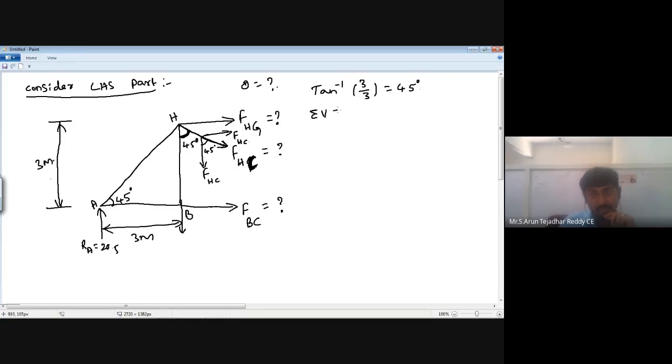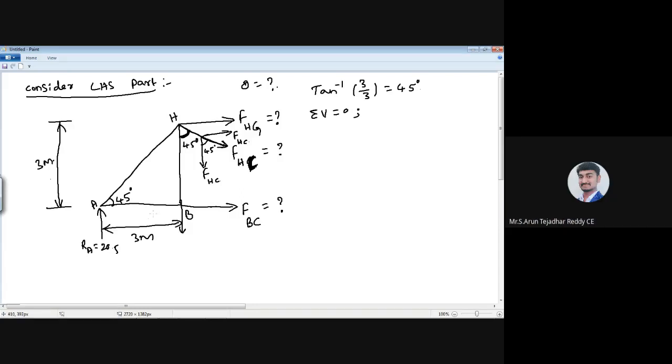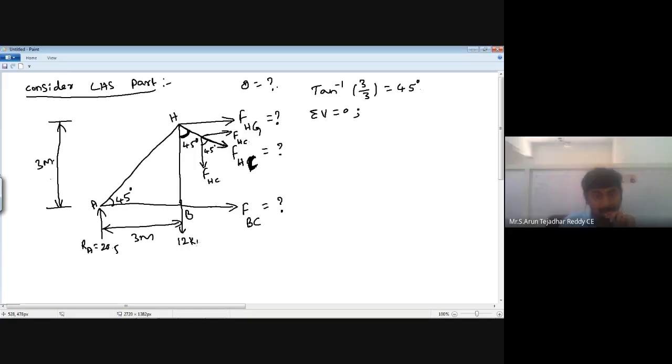First of all, I will apply sigma vertical forces equal to 0. Now, in this LHS part, how many vertical forces are acting? RA is a vertical force, the 12 kilonewton is a vertical force, and FHC has a vertical component at a certain angle. So apply sin theta or cos theta and check the direction.